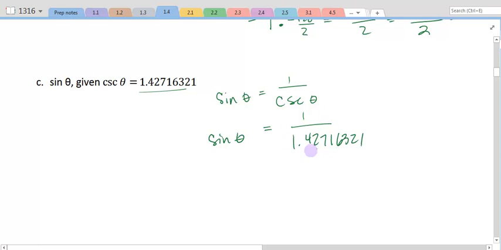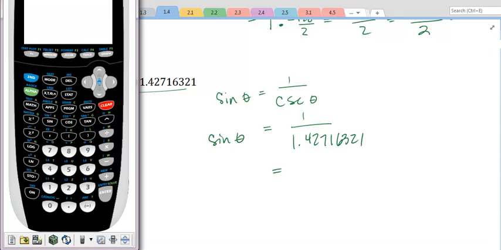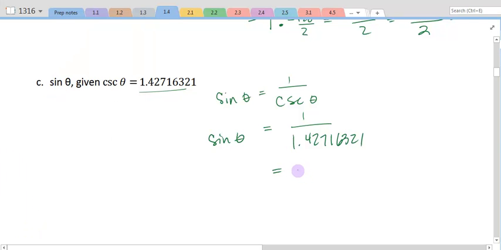This value right here is what I want to put into my calculator. So let me bring my calculator up, and I'll just put that fraction in. 1 divided by 1.427163321, and when I hit enter, I'm going to take the decimal value that I'm given there, and I'm going to say that this is 0.7006971.